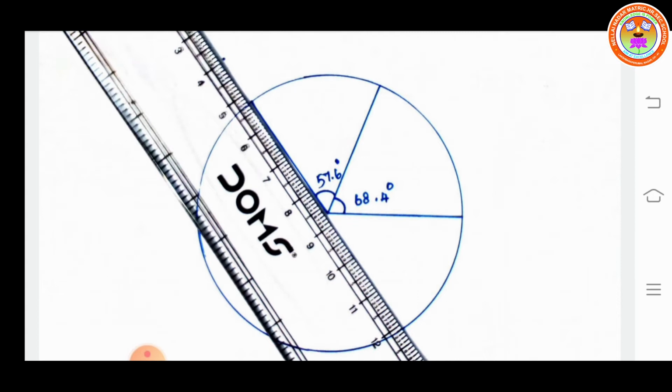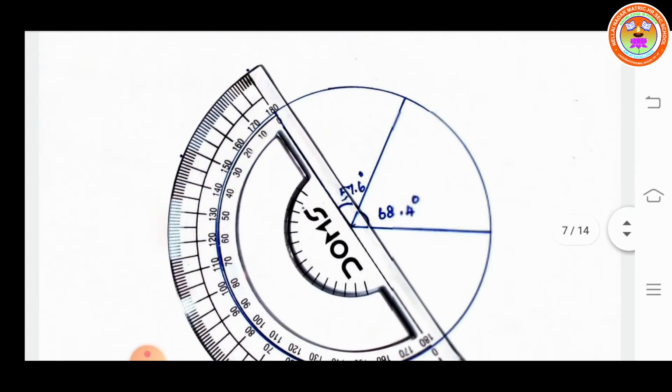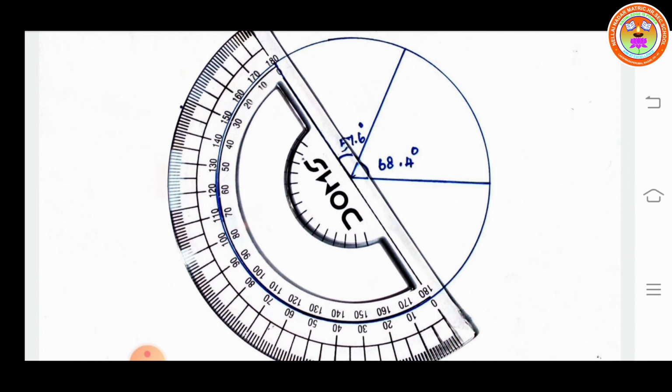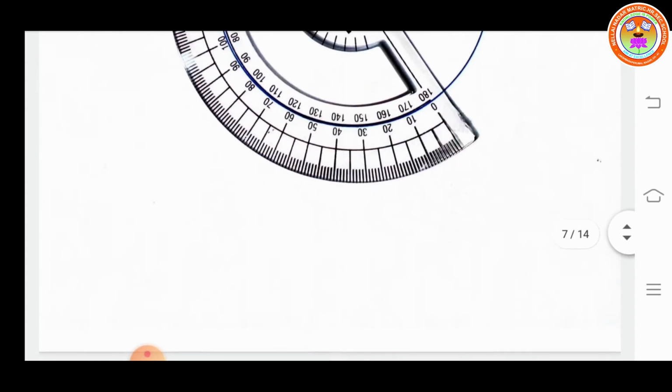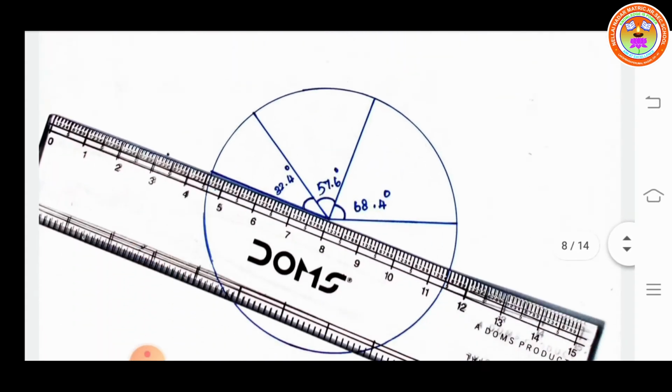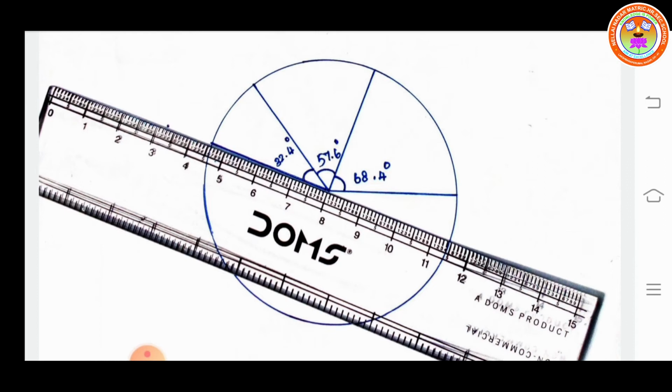And write the angle as 57.6 degree. Next, place the protractor on the new radius. Then mark the angle 32.4 degree for customs. And remove the protractor. Join that point to the center by using the scale and pencil. And mark the angle as 32.4 degree.